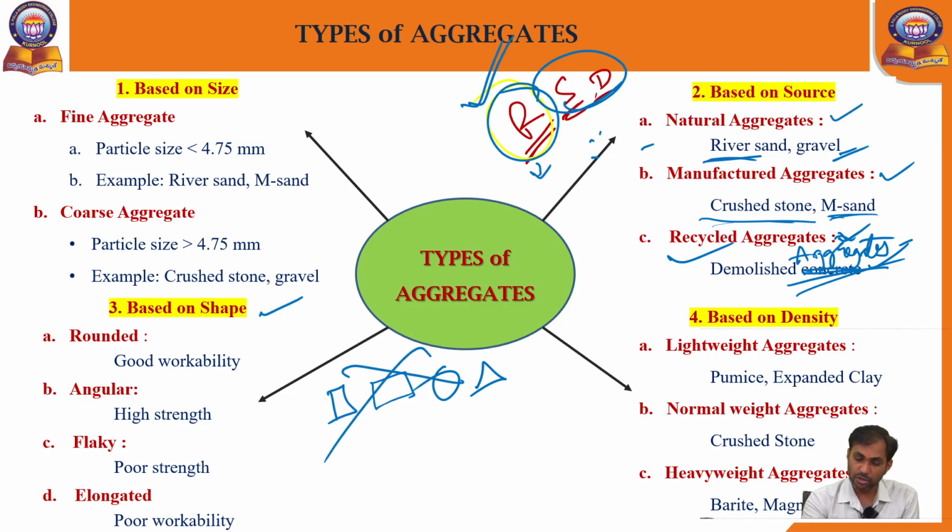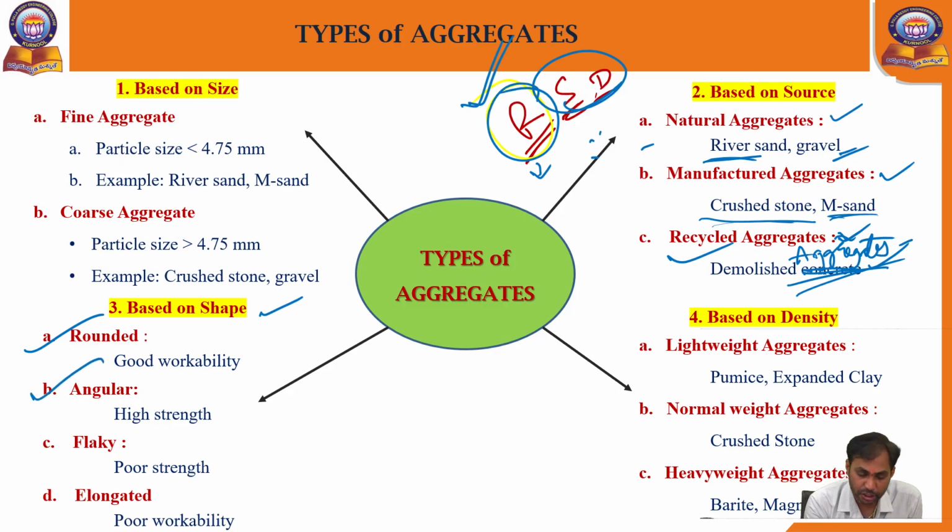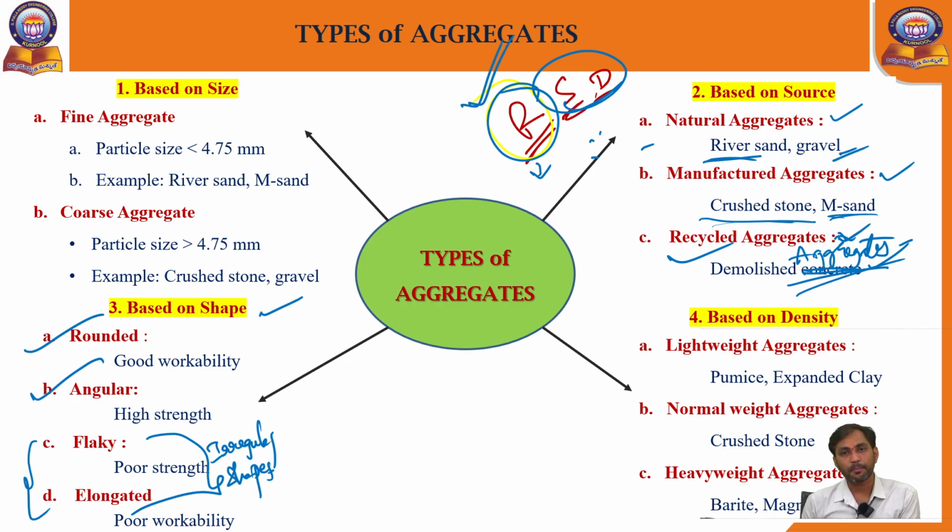The shapes are defined as rounded shapes, angular shapes and irregular shapes. For the construction purpose, which shape of aggregate should be used? Nothing but angular shapes.